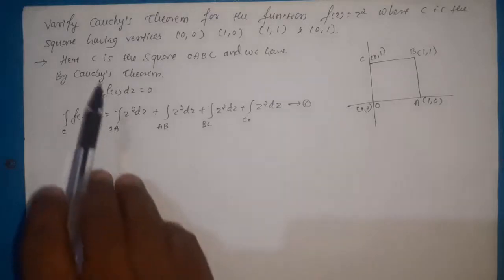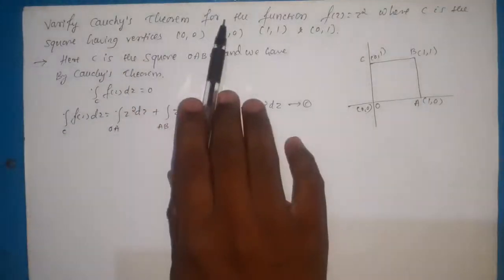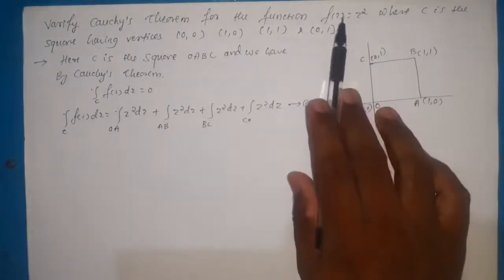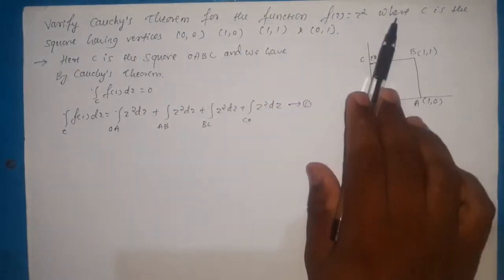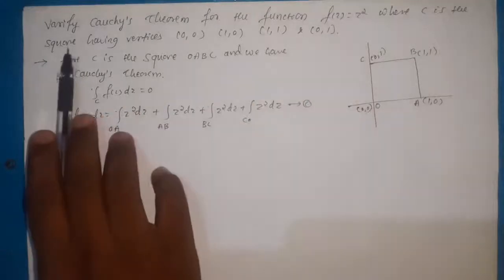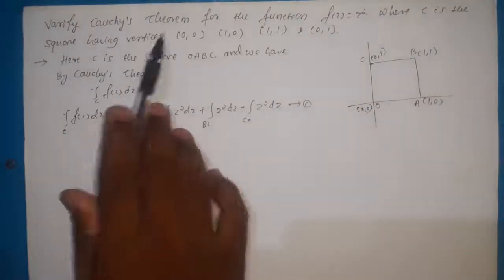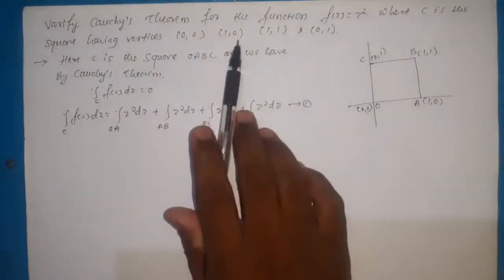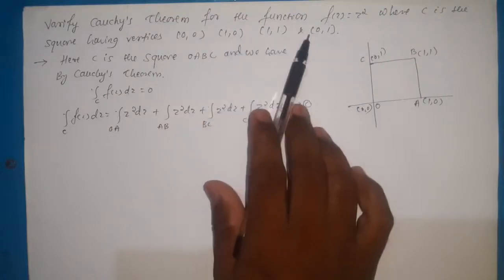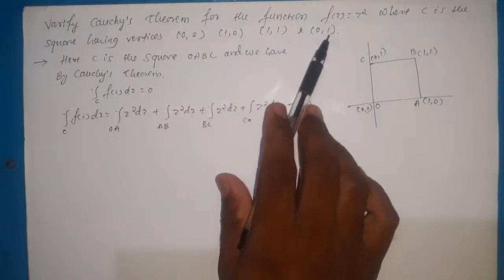So here verify Cauchy's theorem for the function f of z equal to z square, where C is the square having the vertices (0,0), (1,0), (1,1) and (0,1).